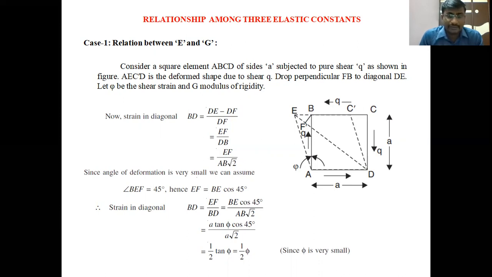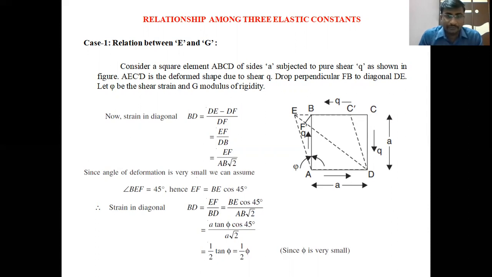Young's modulus is denoted by capital E. And the rigidity modulus is denoted by capital G, which is defined as the ratio of shear stress to the shear strain. Shear stress divided by shear strain is called the rigidity modulus or shear modulus, which is denoted by capital G.